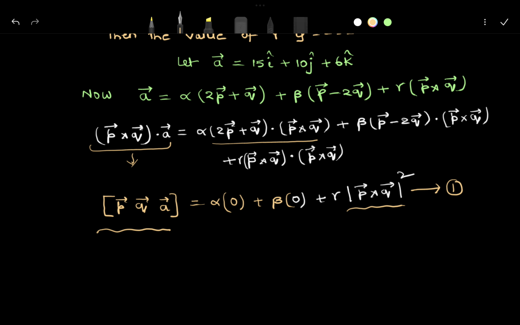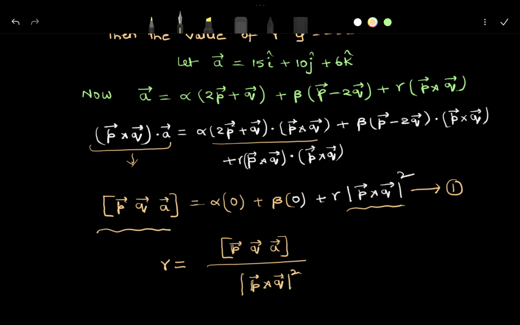You know the P bar vector, Q bar vector and A bar vector. So from this we can simply write gamma is equal to the box of P bar, Q bar and A bar, divided by modulus of P bar cross Q bar whole square.